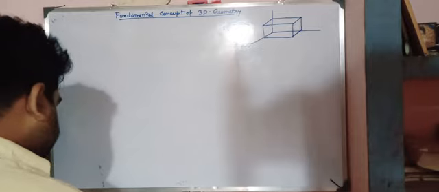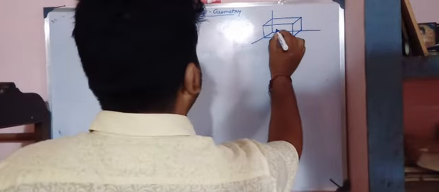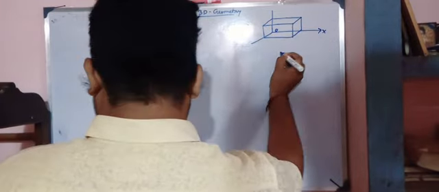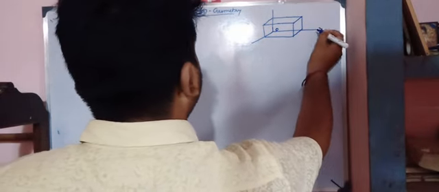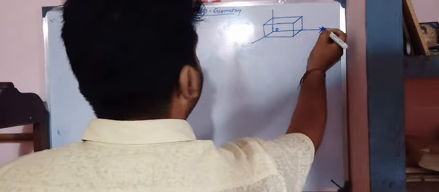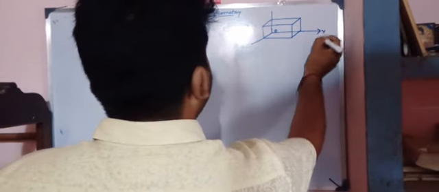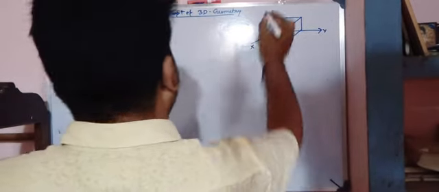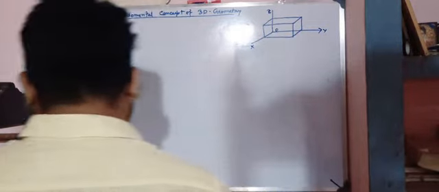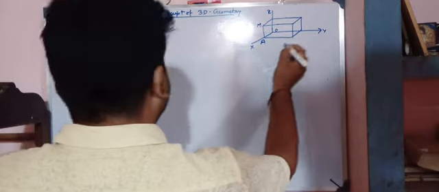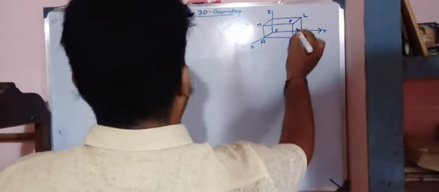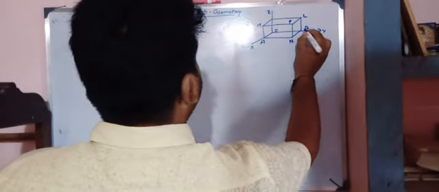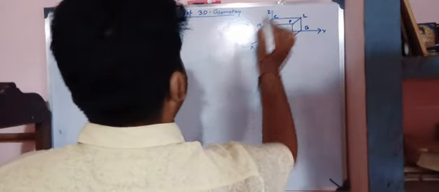If we name it, this is OX. I named it along the name given in the book: OY, OX, OZ. Okay, OM. This is M. This is A. This is N. P. L. This is B, and this is C. Understood that?